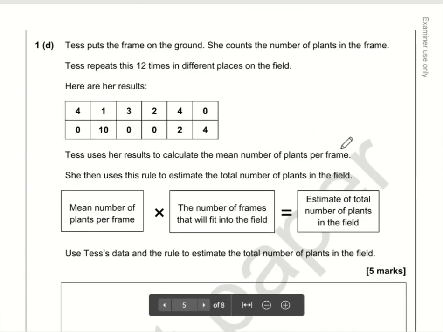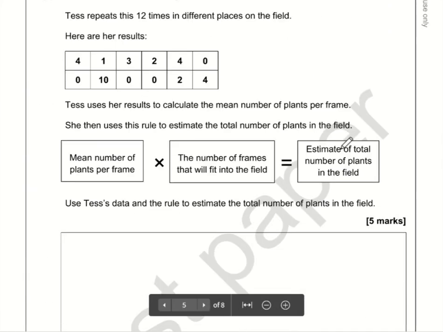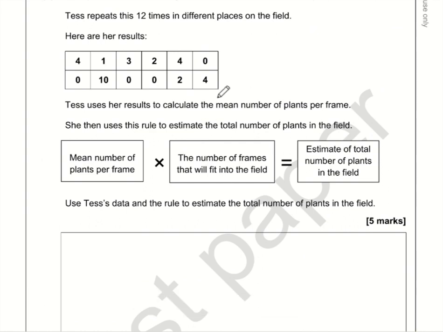Part D. The first thing I'm going to do is work out the mean number of plants per frame. We can see that there are 12, so it's going to be the total divided by 12. Now the total is 4 plus 1, 5, 6, 7, 8, 9, 10, 11, 12, 13, 14, 24, 25, 26, plus 4, 30.